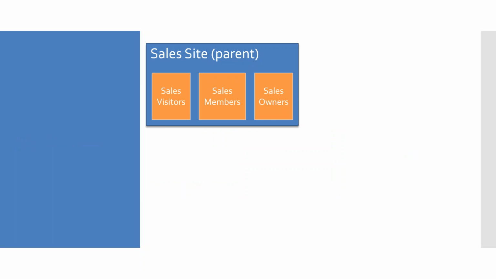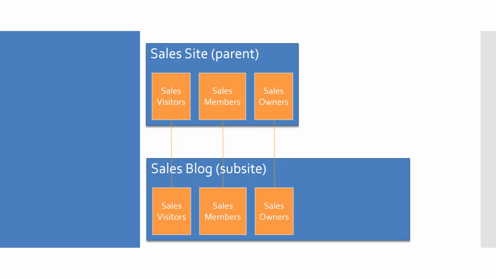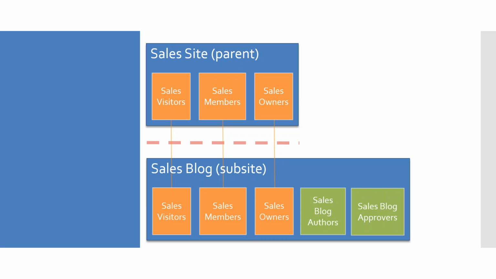What happens when we break permissions? So we've got a team site here called sales site. It's got 3 groups in it, the default groups: the visitors, the members, and the owners. We then create a subsite, and the default is it inherits permissions. So the same people that are inside the visitors, members, and owners groups at the sales site level have the same level of permissions to the sales blog as the subsite. So we decide that we're going to break permission inheritance.